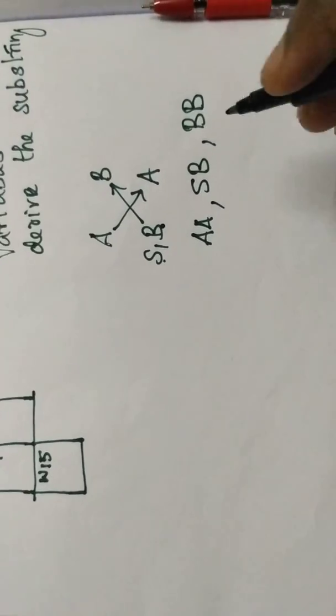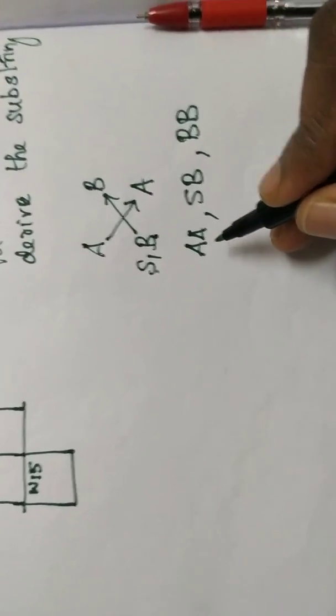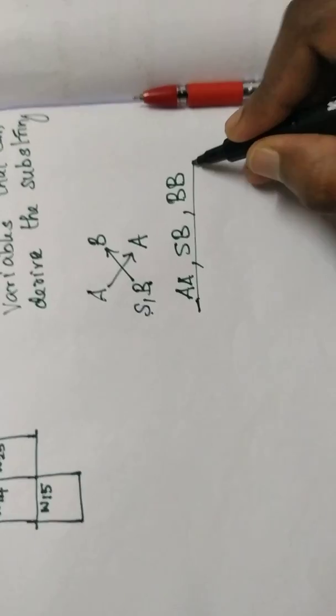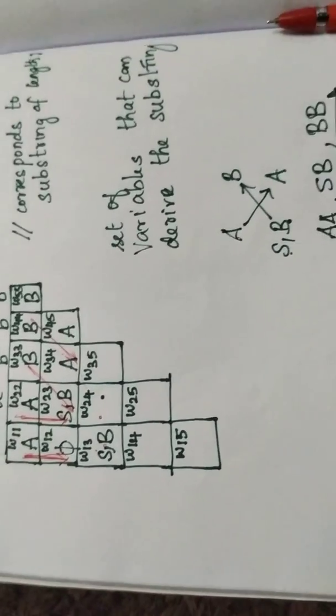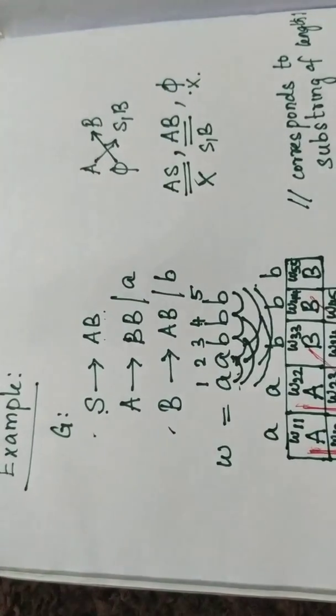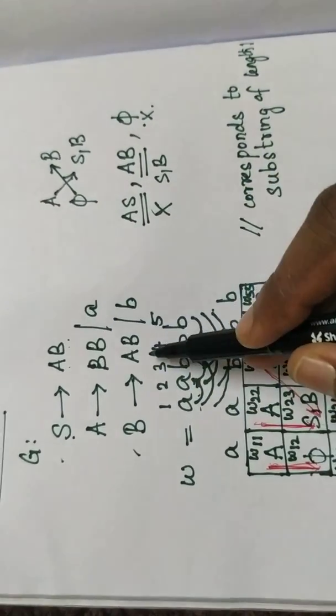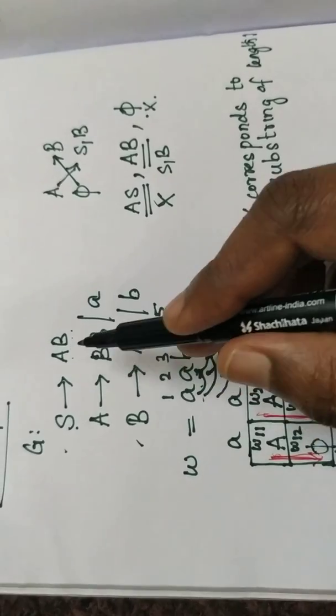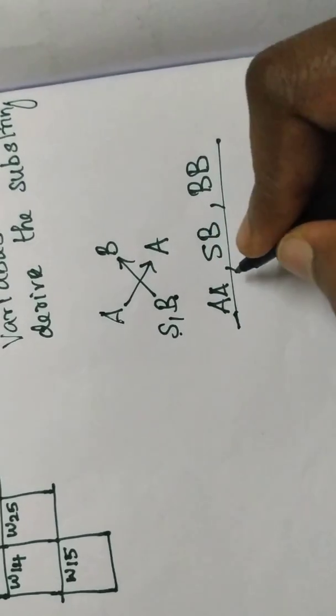Now we'll see among these whether any of these can be derived by the variables. AA, if we look into the grammar, there is no variable that can derive AA, so that is not possible.